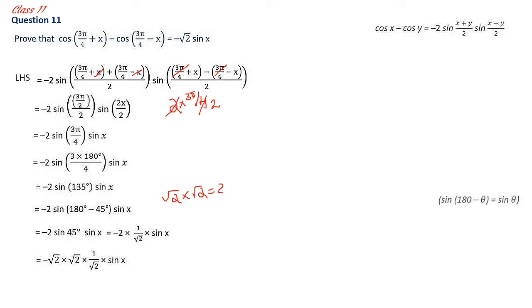So that is what we have written here. 2 we have replaced as √2 into √2 divided by 1 by √2 into sin x. Then the 1 by √2 we can cancel here, and the denominator problem is solved. So we will be getting the answer −√2 sin x. That is our RHS. So we can write it as hence proved.